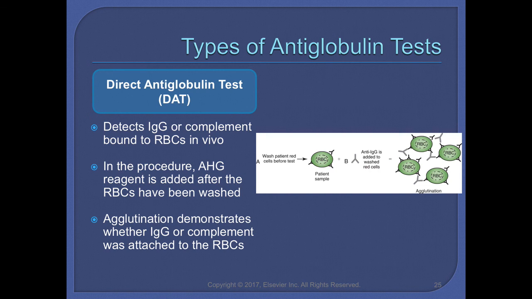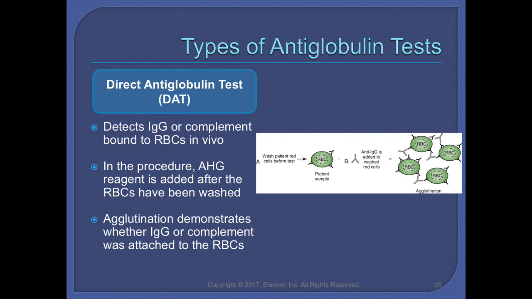One type of the anti-globulin test is the DAT, and I know you have heard about this test before. It's the direct anti-globulin test. The DAT detects antibody or complement molecules that have sensitized the red blood cells because of a clinical event that occurred within the body.